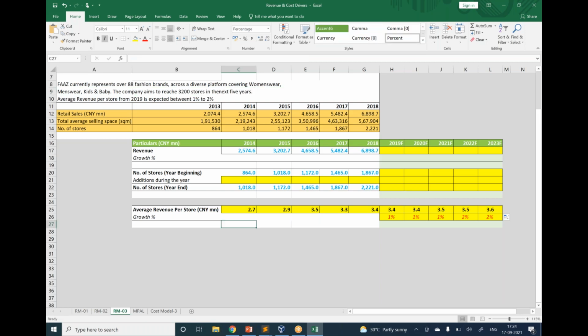First, let me understand how many stores they have added newly. So can I go here and type 1018 minus 864? In a year, how many stores they have taken? So that is additions during the year. They have these many stores.